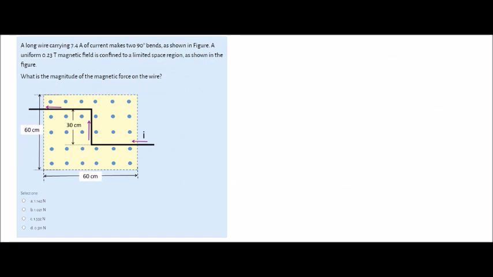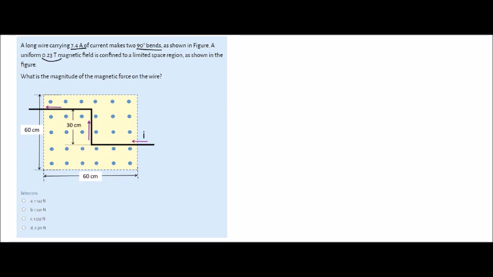Okay, next question. A long wire carrying 7.4 ampere current makes two 90-degree bends. So that's the first 90-degree bend, the second 90-degree bend, as shown in the figure. A uniform magnetic field of 0.23 Tesla is confined to a limited region, a 60 by 60 centimeter square.